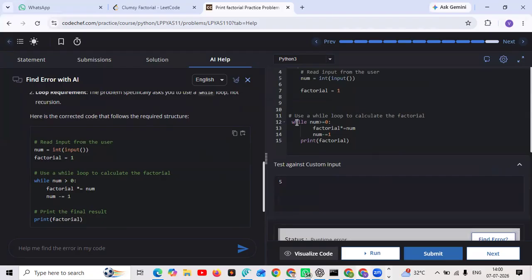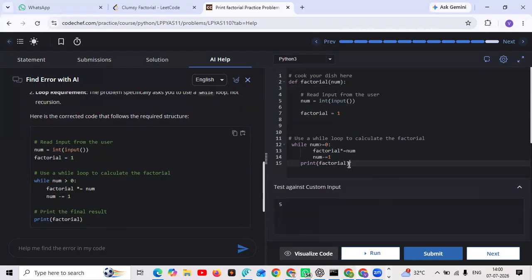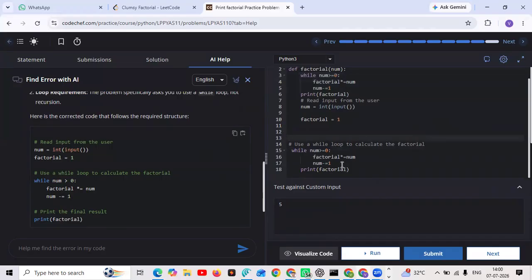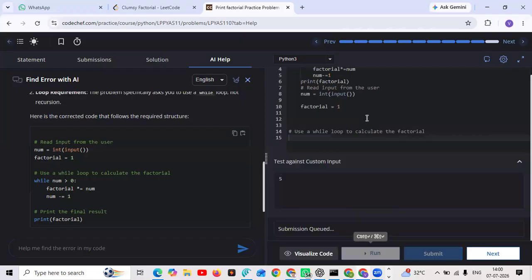Okay, indentation error again. Now I will run.